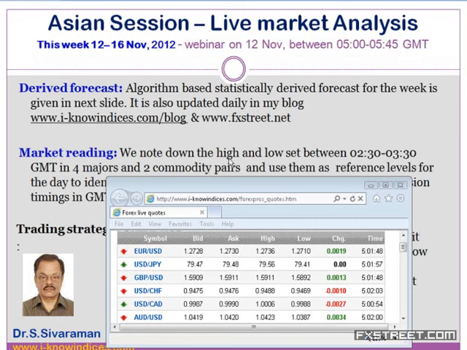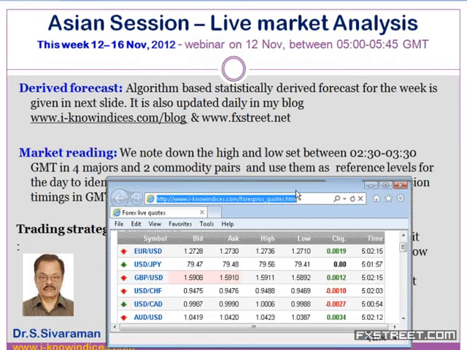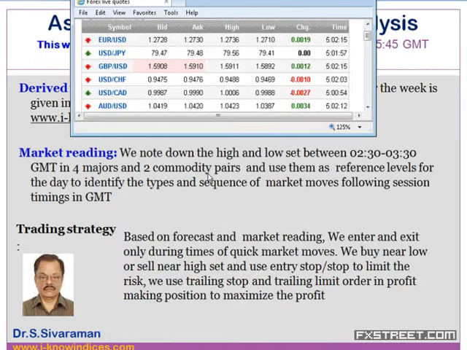So we note down the initial high and the low between 2:30 and 3:30 GMT in 4 majors and 2 commodity pairs and use them as the reference levels for the day, as the players also use them as a reference level and subsequently identify the type of moves they make, and also in what sequence they make the moves, and try to understand what could be the next possible move.